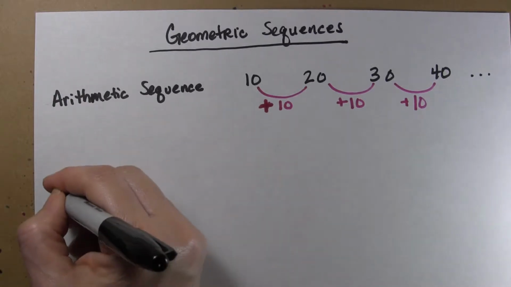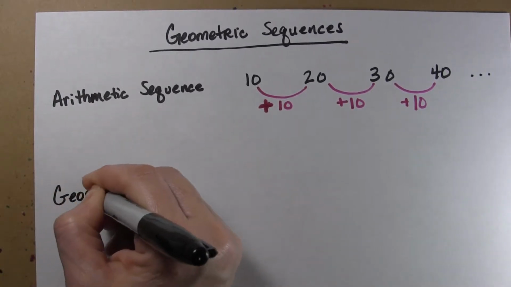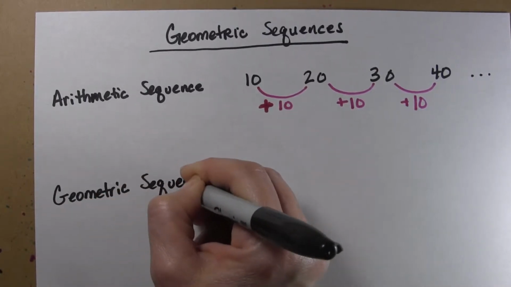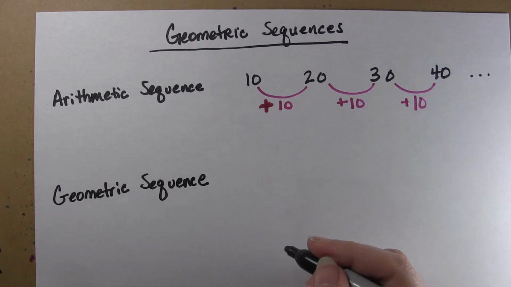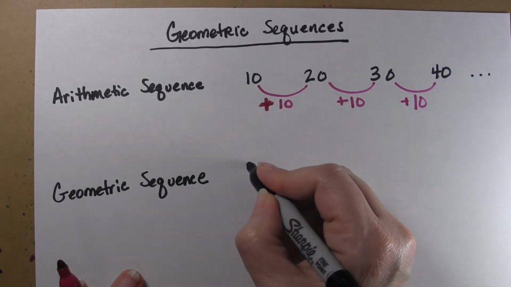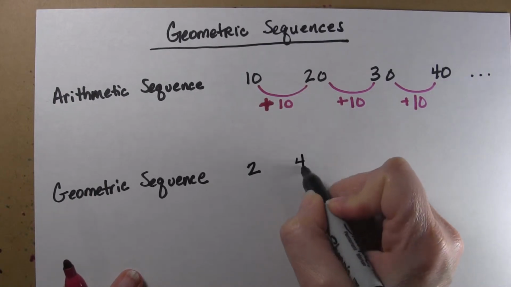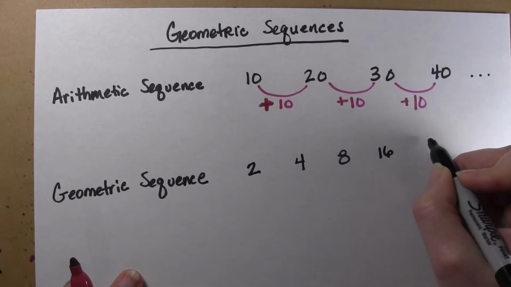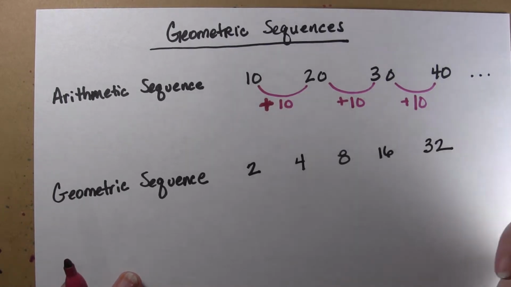Okay, so another type of sequence is called a geometric sequence. I'm going to give you a couple of examples of geometric sequences. So here's the first one: 2, 4, 8, 16, 32.